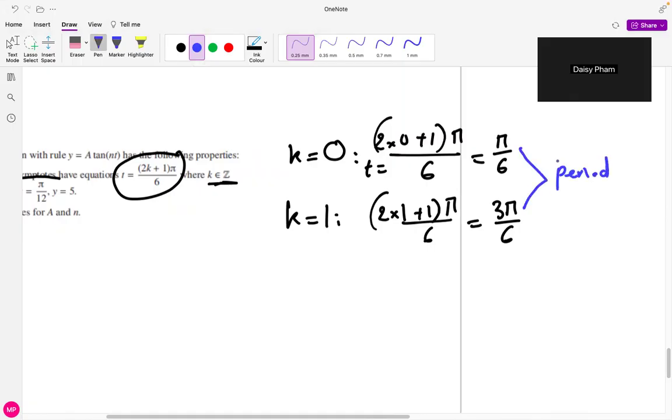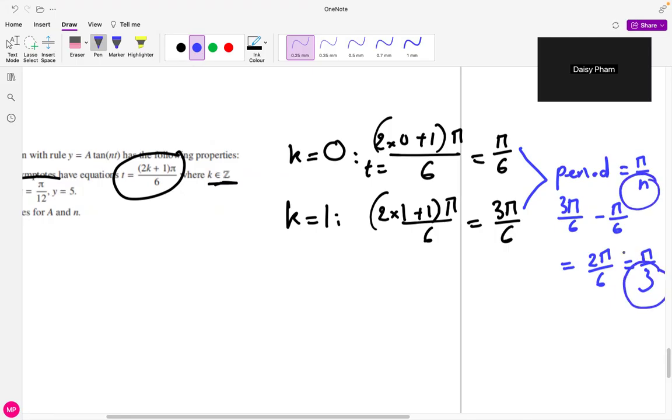So the gap between them, from pi over 6 to 3 pi over 6, that is 3 pi over 6 minus pi over 6. That gives you how much? 2 pi over 6, which is pi over 3. Okay. And the period, as we know, is pi over n. So if we compare pi over n and pi over 3, we know that n has to be equal to 3.